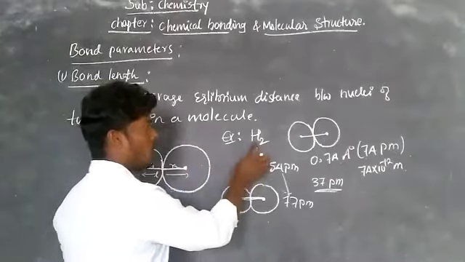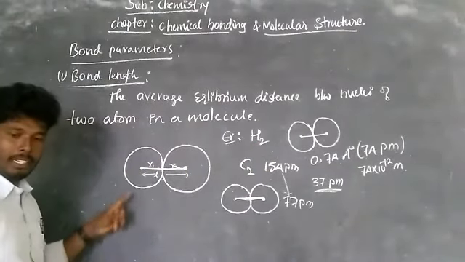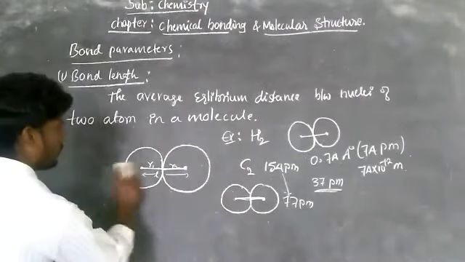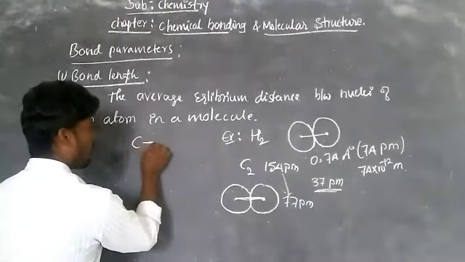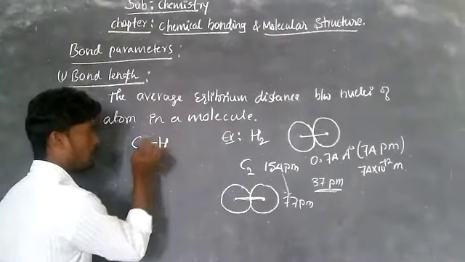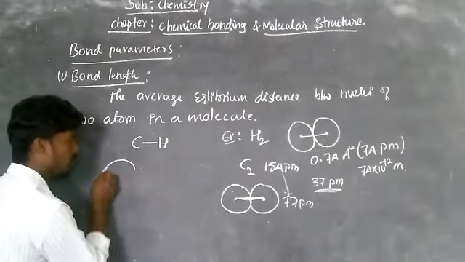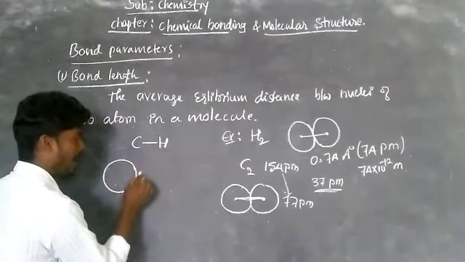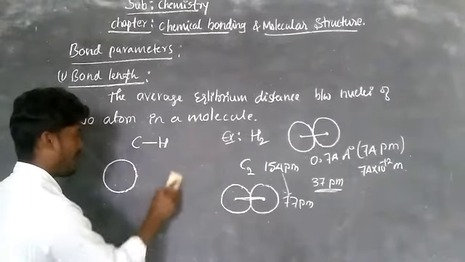Now let's take one hydrogen and one carbon, that is C bond H. Now we have to find the bond length between carbon and hydrogen. Let's take one carbon atom. This is one carbon atom, and hydrogen is the smaller one, right? So take the second one as hydrogen.